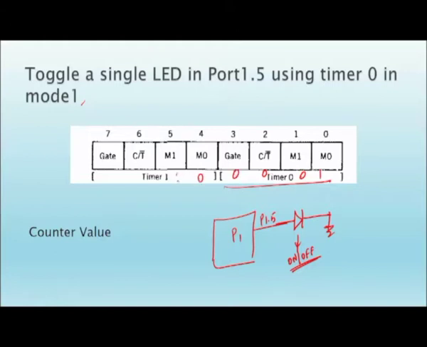Timer 1 is not used, so you can write the value as 0. So, what is the value of this? The value is 0 1. You have to calculate this value based on the number of bit positions, then initialize it with MOV TMOD, #01H. Okay. After initializing this 0 1 only, you can get the understanding of timer 0 only.